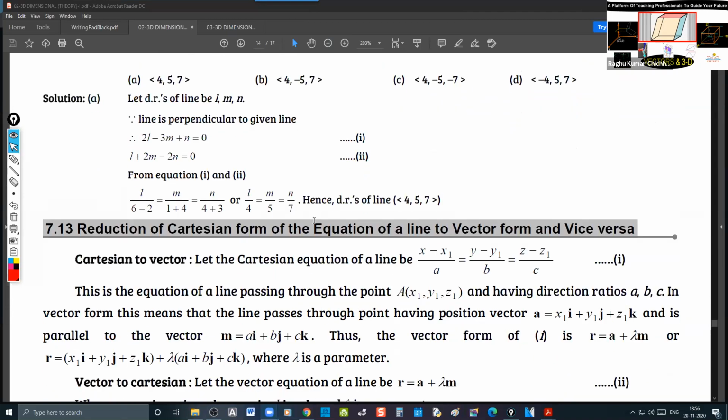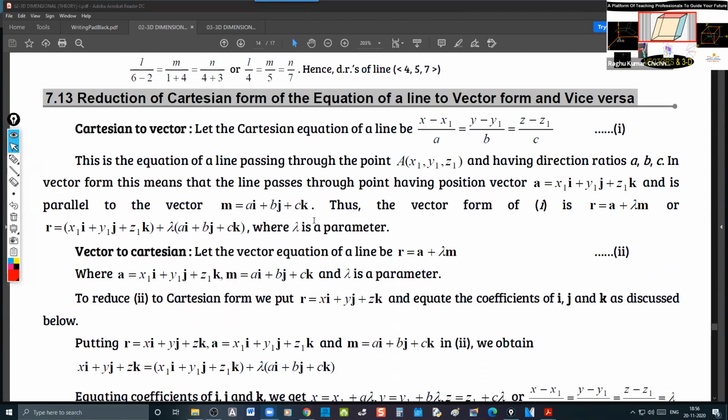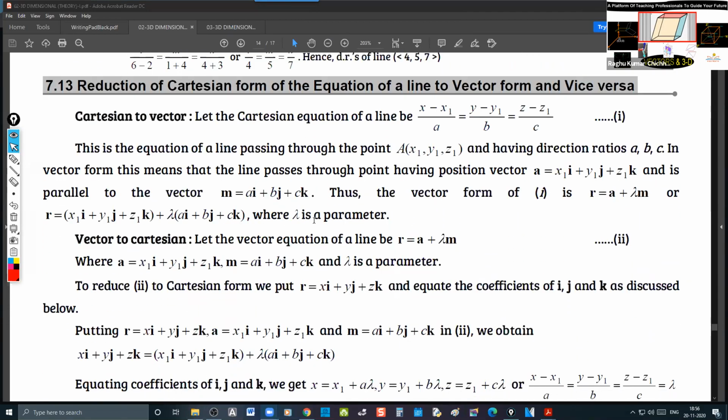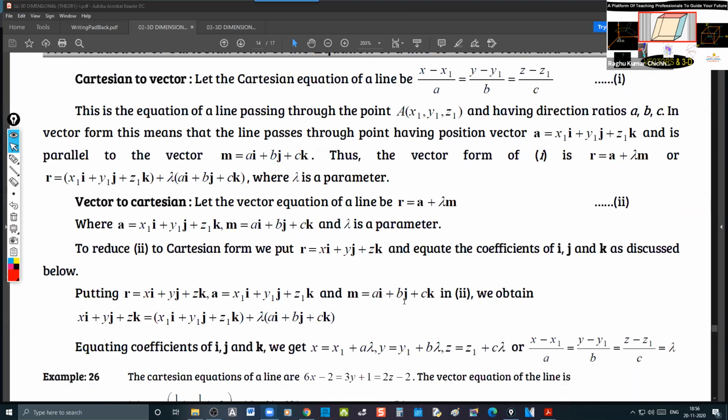Next is reduction of Cartesian form of the equation of a line to the vector form and vice versa. How to convert the given line which is given in the Cartesian form to the vector form. It is very simple. We have seen it yesterday, it is in the form of R bar is equal to A bar plus lambda B bar.